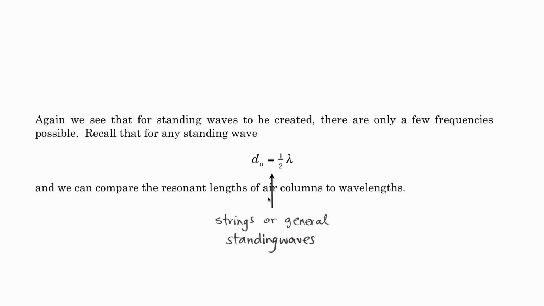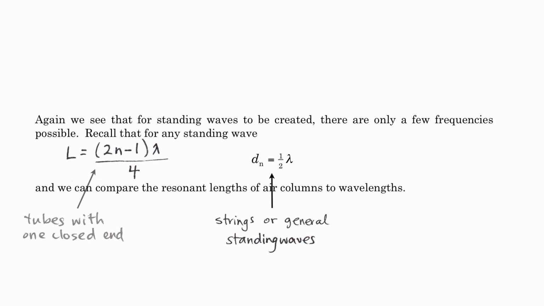But we have a couple extras now. If we restrict this and we use this for strings and standing waves in general, and now we add a couple of these extra formulas over here, we can say that the tubes that had one closed end were all divided by 4. They were all in quarters.